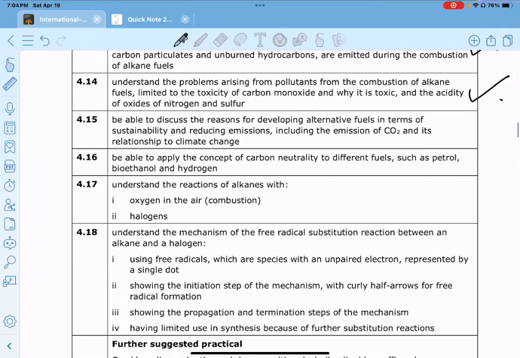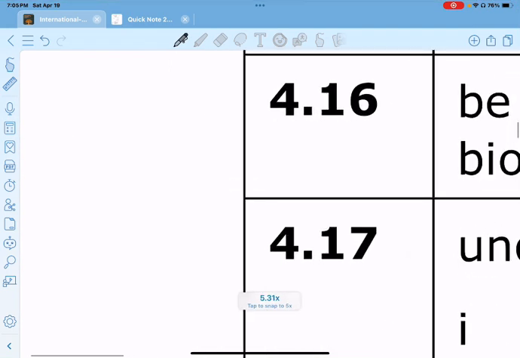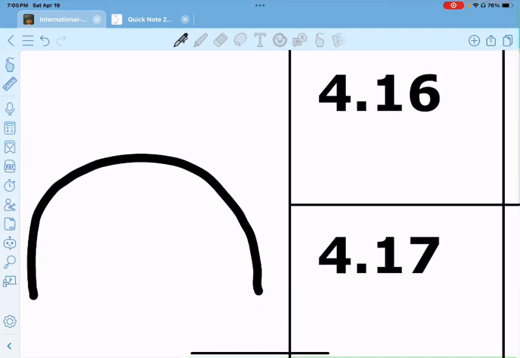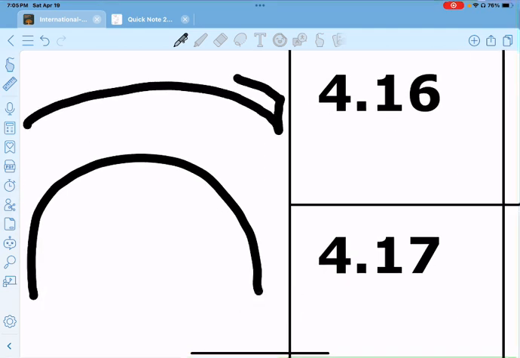Next up, be able to discuss the reasons for developing alternative fuels in terms of sustainability and reducing emissions, including the emission of CO2 and its relationship to climate change. CO2 is in the atmosphere. Let me just draw very quickly what it is. This is the Earth, a hemisphere, half a globe, okay? On the atmosphere, you have a layer of CO2.